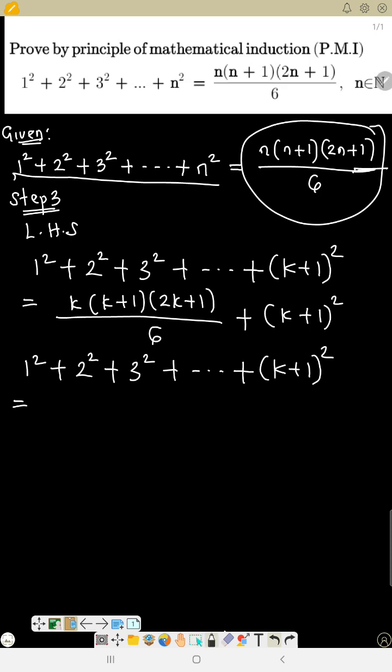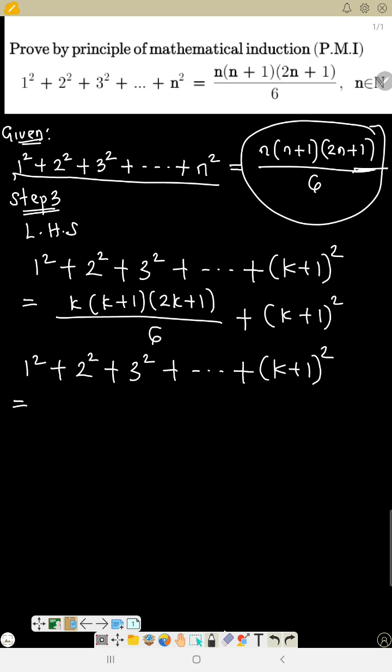So next step, you can factor out k plus 1. That is k plus 1 over 6. Remember, I have k plus 1 here, and I also have k plus 1 here. So I can say k plus 1 is common, and I can remove this 6 outside too.